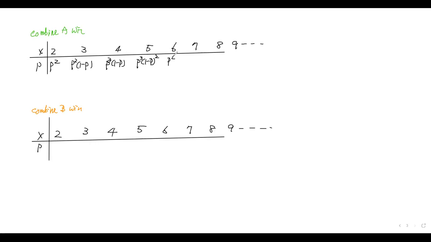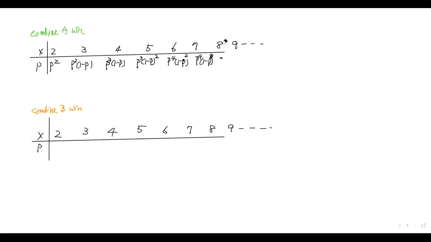Then this will be p fourth 1 minus p to the square. Then P7 is p fourth 1 minus p to the cube. And the 8 is p fifth.